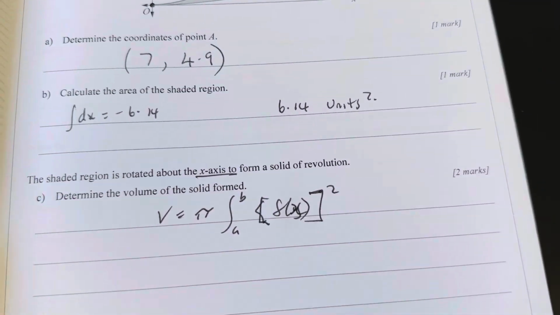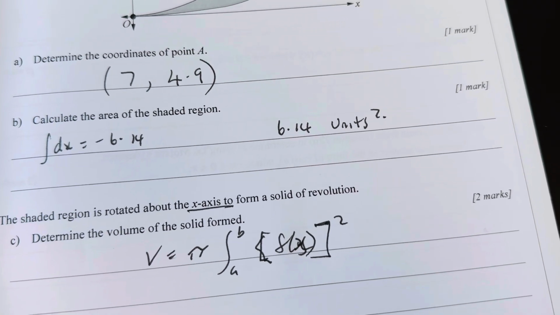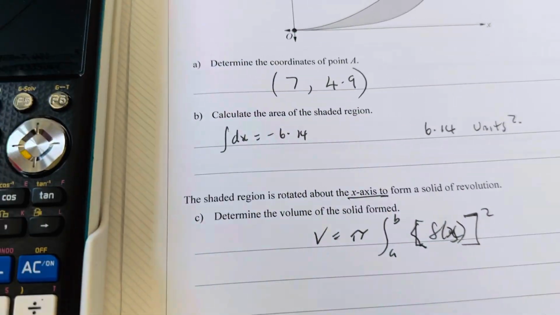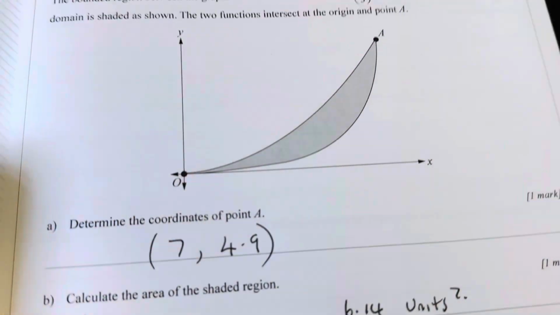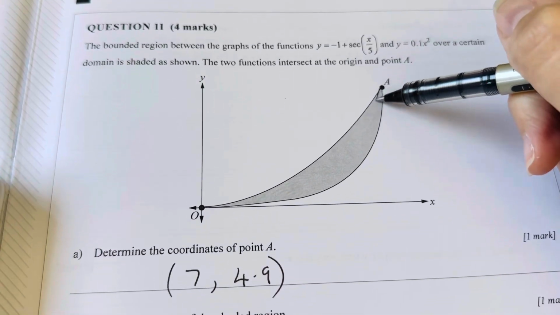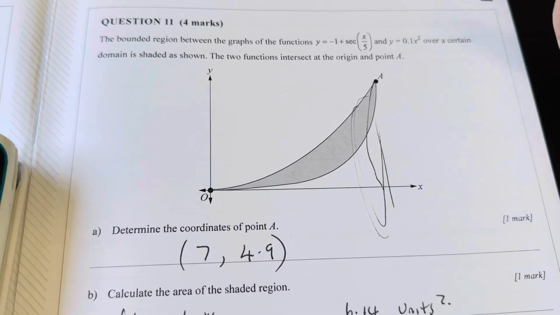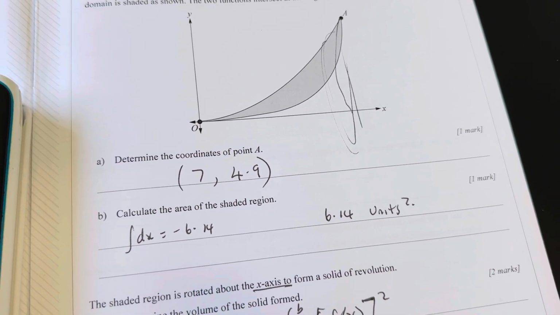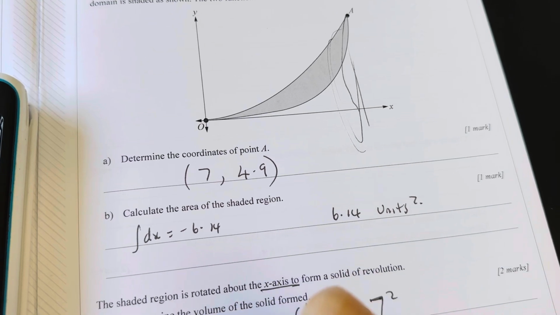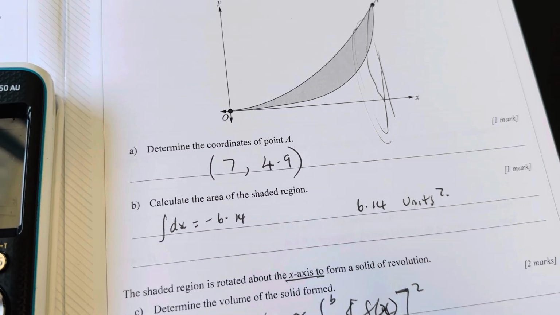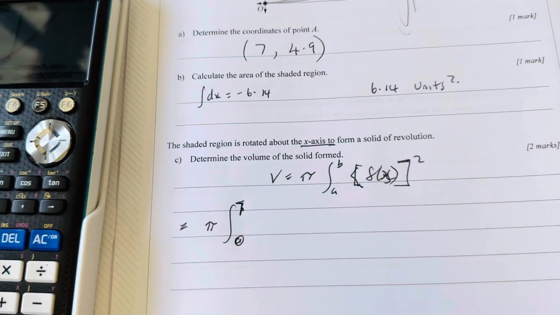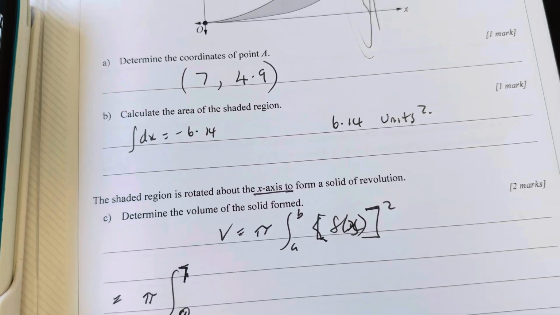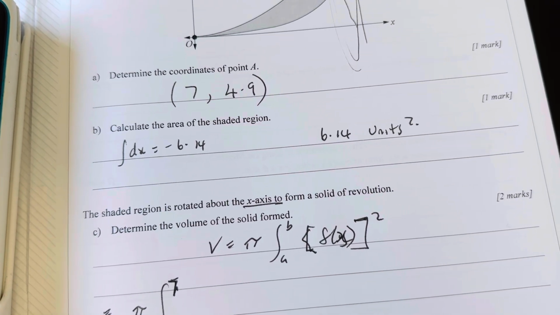All right, so we go back here, we look at this. It's going to be graphing around the x-axis. Now looking at, so this is going to be going this way. We need to do the functions taking away. It's going to be from 0 to 7, isn't it? Yeah, that's where our limits are. Which curve takes away which curve?